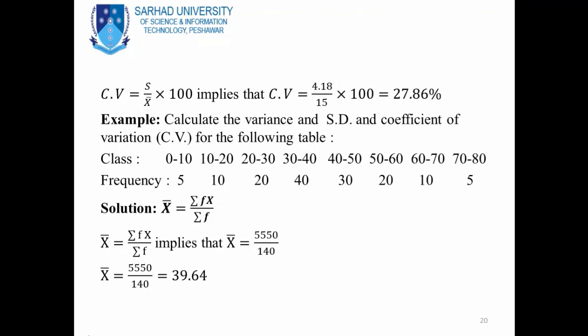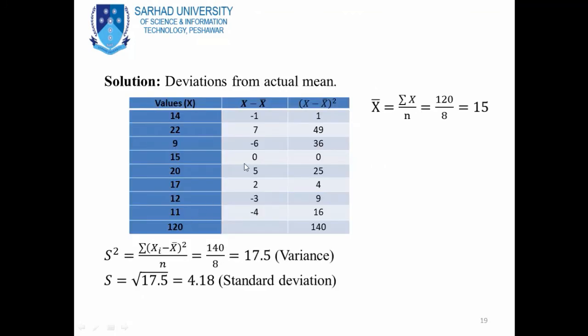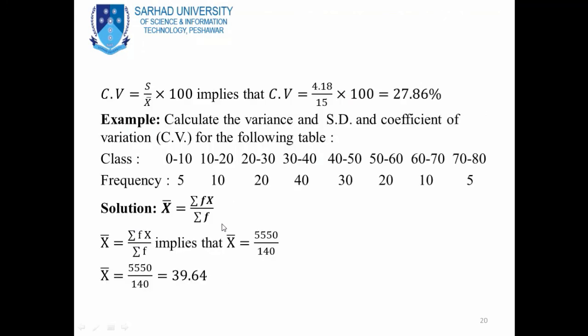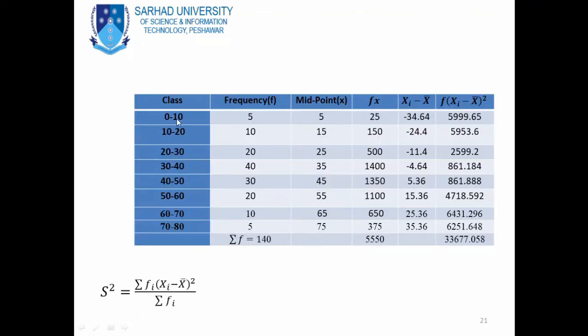This is the continuous data, and these are the frequencies of the data. So first of all, calculate the mean. For the mean, construct the table: write the classes, these are the frequencies, and this column represents x. Now multiply each frequency with x. How do we obtain x?